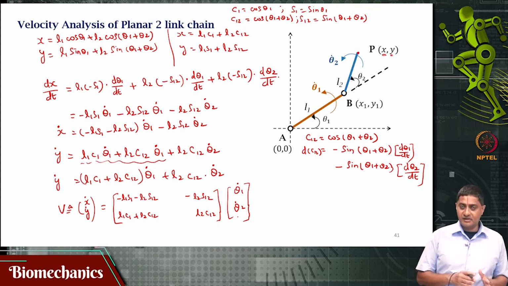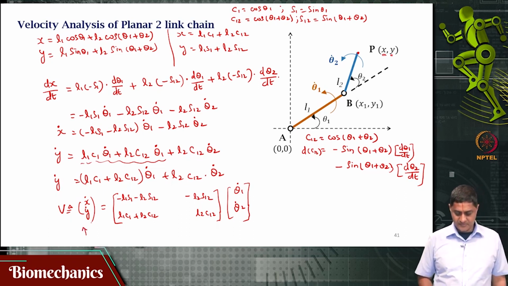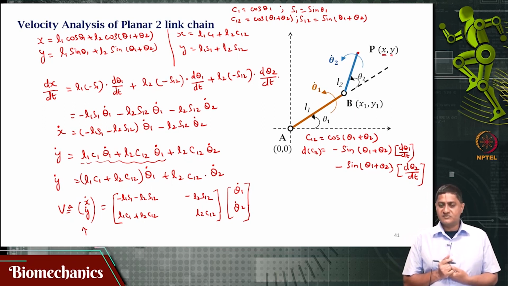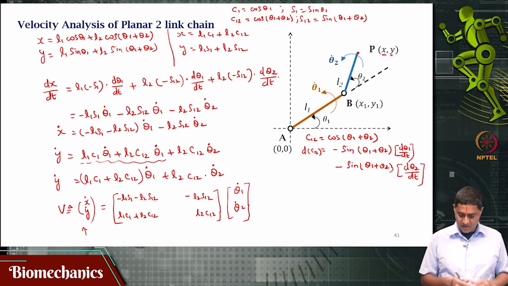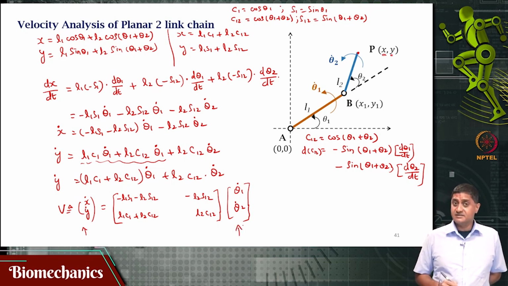The column vector on the left hand side, that is x dot y dot, which is this. What is this? This is the velocity of the end point, or rather the linear velocity of the end point, right. What is the column vector on the right hand side?